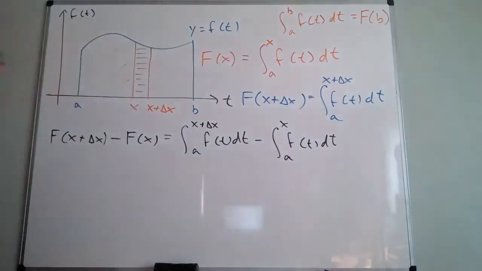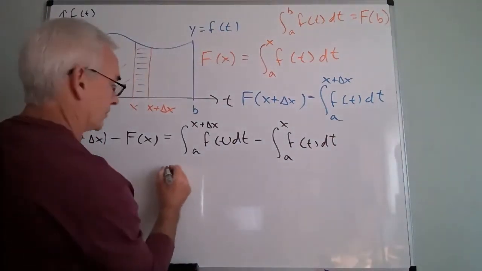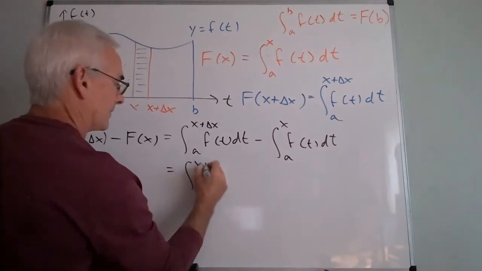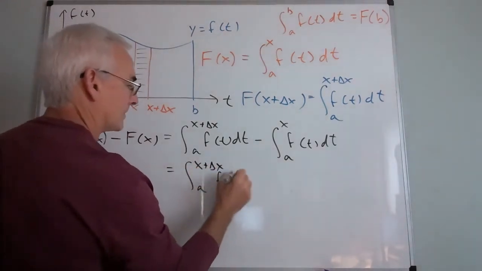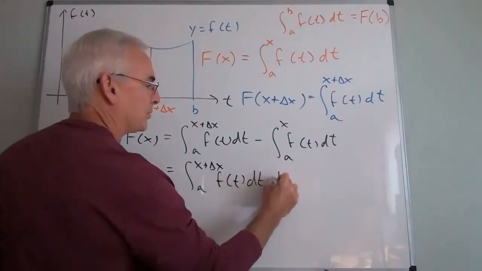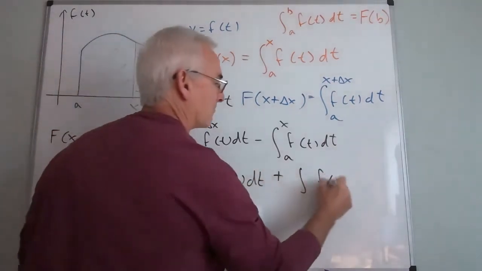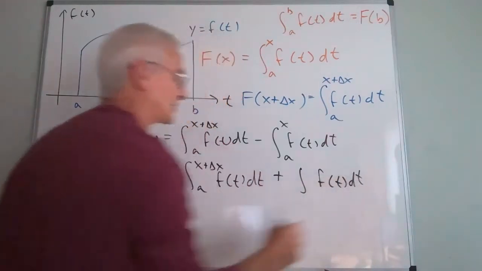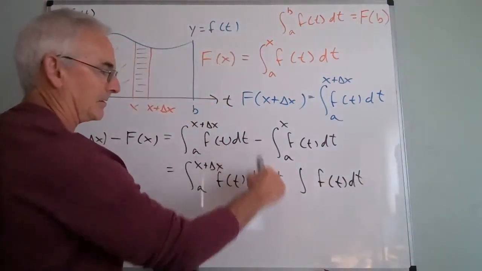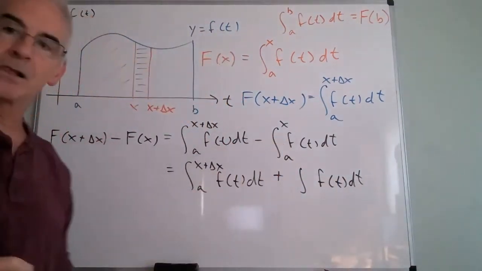Now, I'd sure love to write this as one integral. That would be really useful if I could. Well, let's see. Based on last day's lecture, I want to put a plus sign here. What do I do with these limits? Anybody?